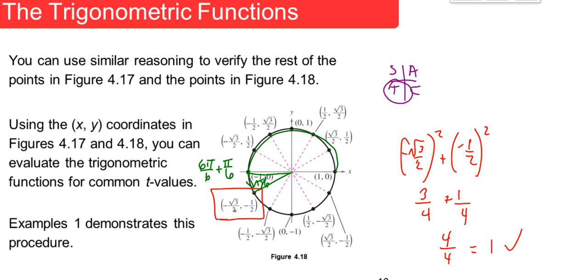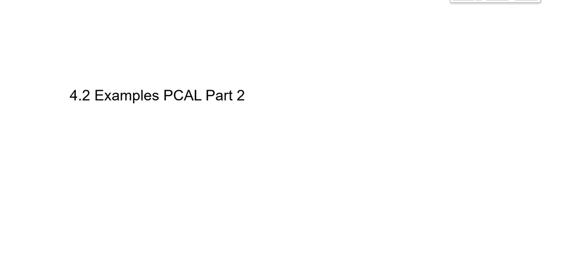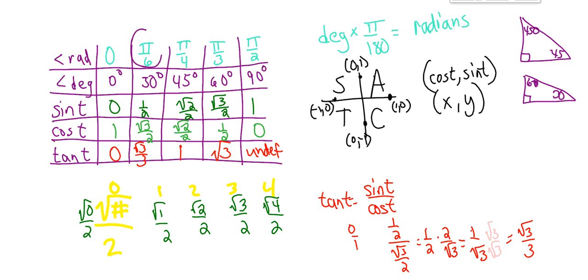Sine and cosine are both negative. So the sine of 7 pi over 6 is negative 1/2, and the cosine of 7 pi over 6 is negative square root of 3 over 2. If we go back to that table again, when we were at pi over 6, sine is 1/2, cosine is square root of 3 over 2, and when we're over here, only the tangent is positive.